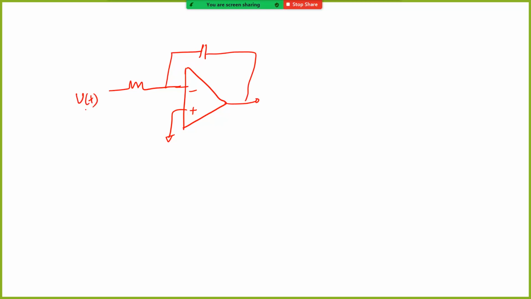You basically have an input to the op amp. Because of the virtual ground, it converts this to a current, and then this capacitor is going to integrate it. So you have the same kind of techniques we have discussed in the discrete time delta sigma modulator used here.